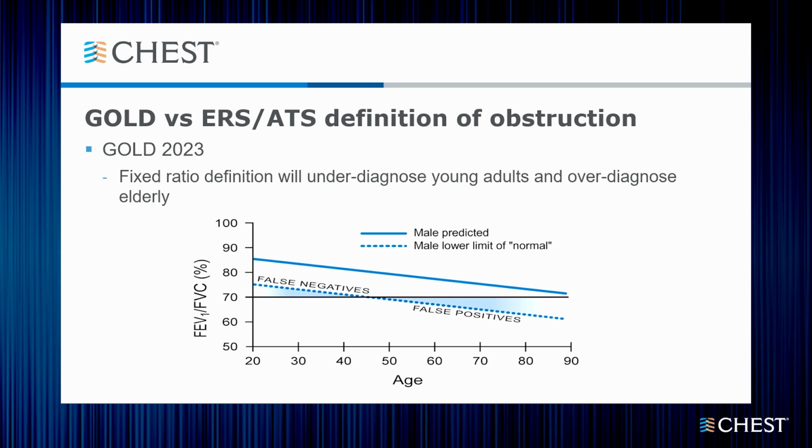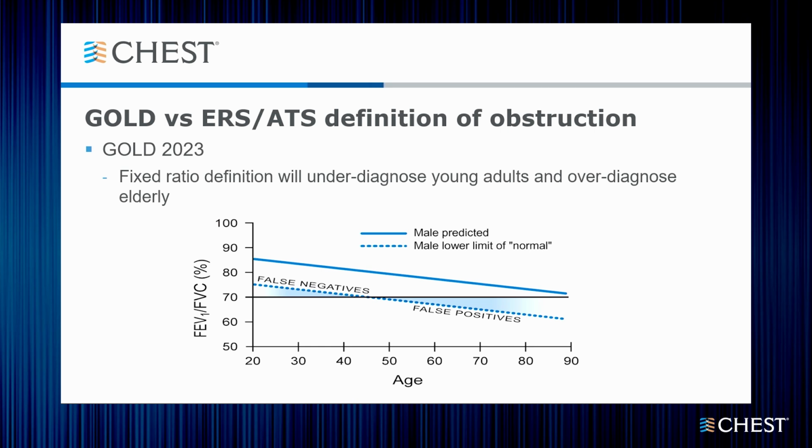But the thing to remember is that the fixed ratio will result in underdiagnosis in younger patients and overdiagnosis in the elderly, because FEV1 decreases more than FVC as you age. So the ratio decreases, and this is male predicted value.